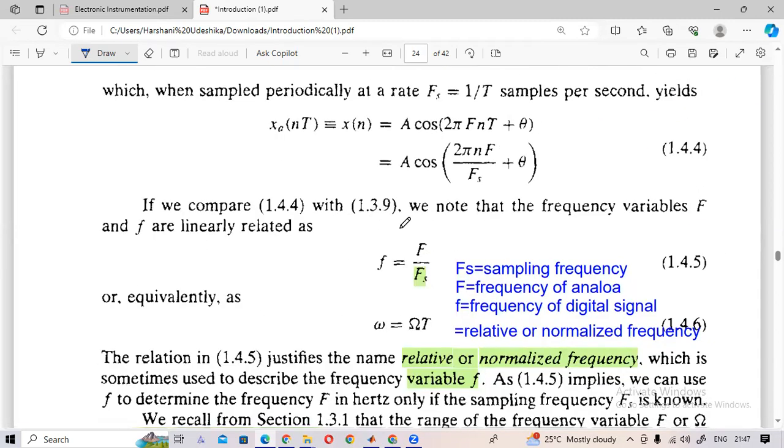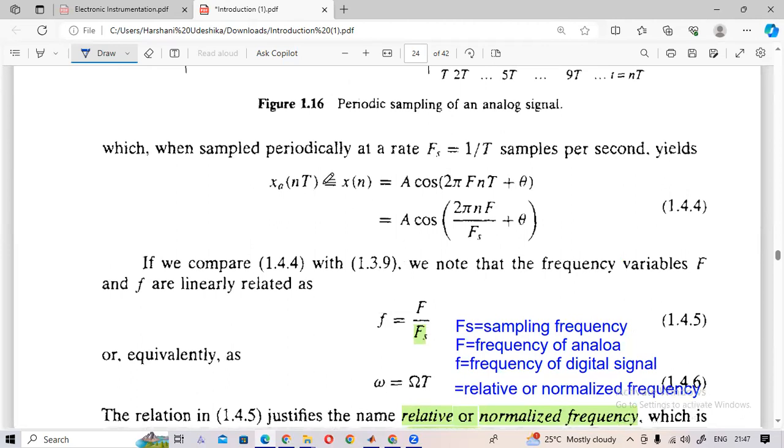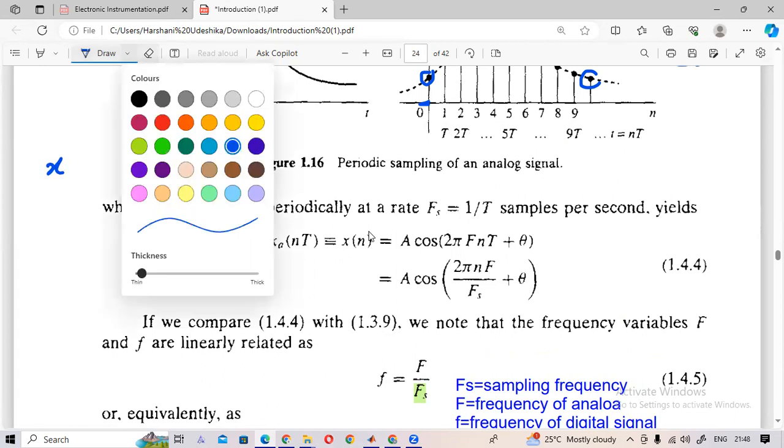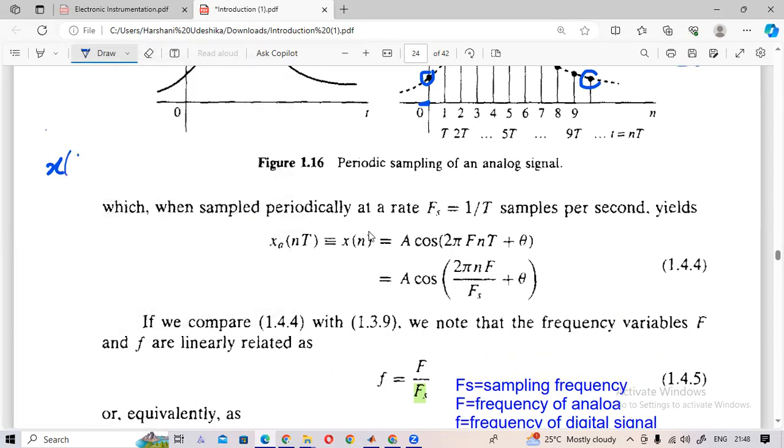Now, if you are given a sinusoidal signal like this, x(t) = A cos(2πFt + φ), a standard sinusoidal signal.